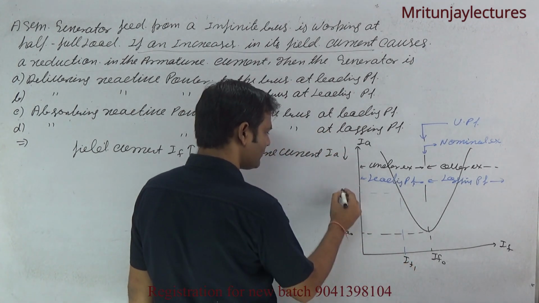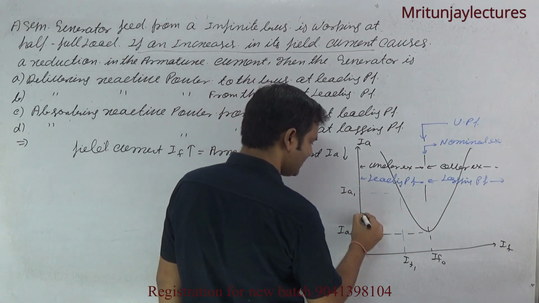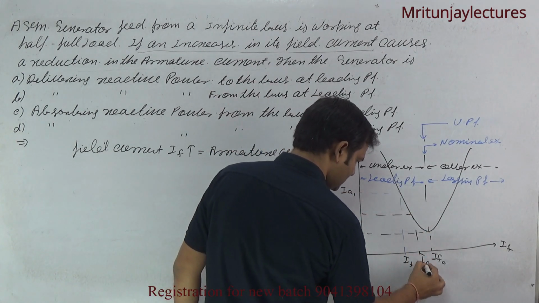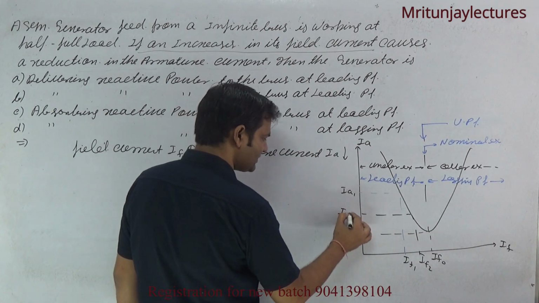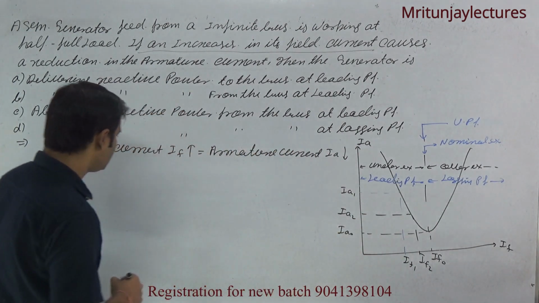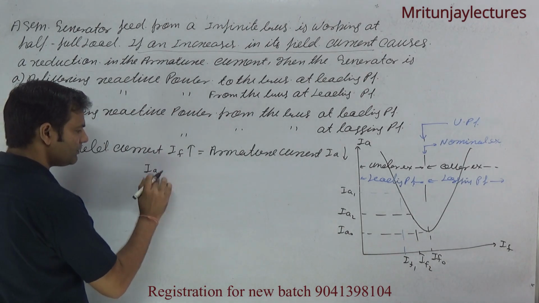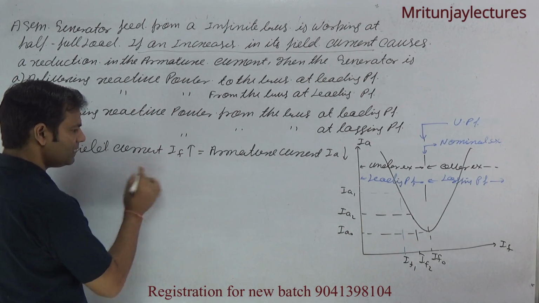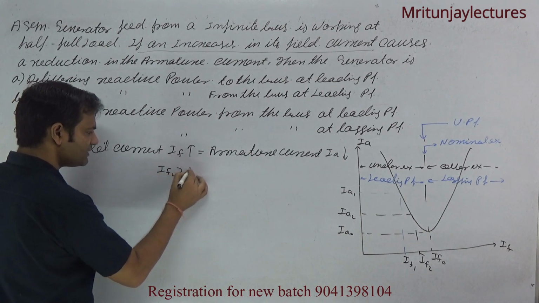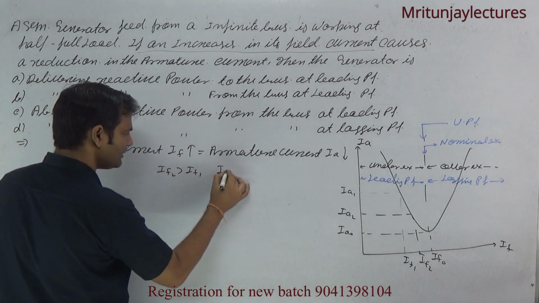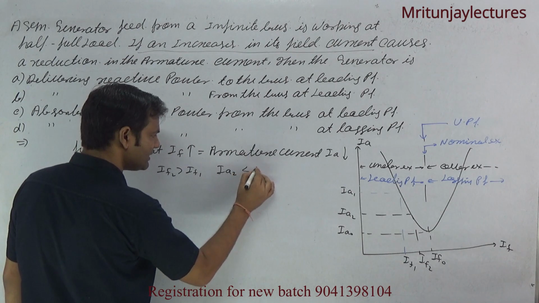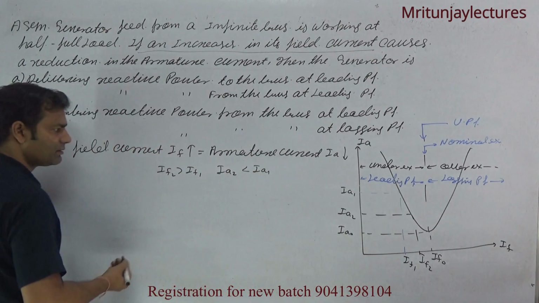Suppose that is F1 and that is armature current IA1, and if F2, that is armature current IA2. If field current increases, means F2 is greater than F1, and then IA2 is less than IA1. Clear?